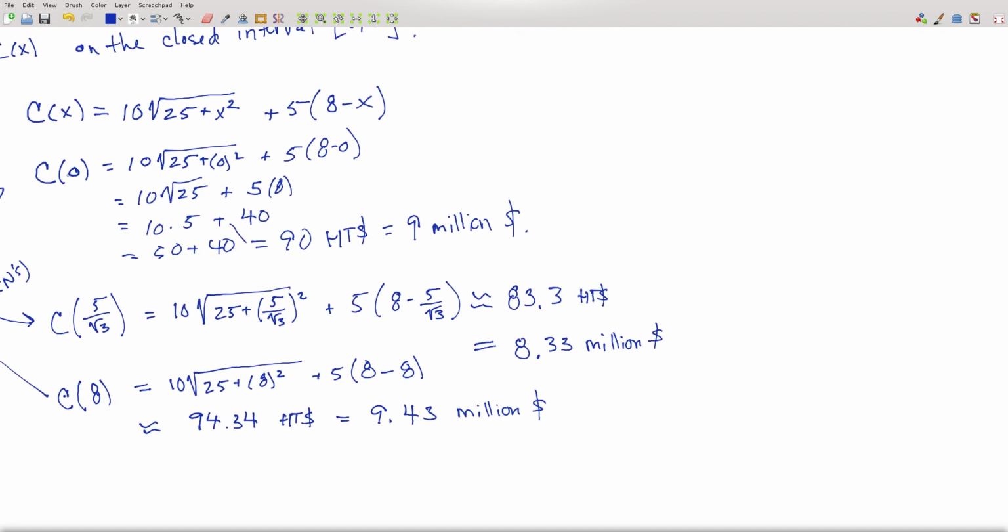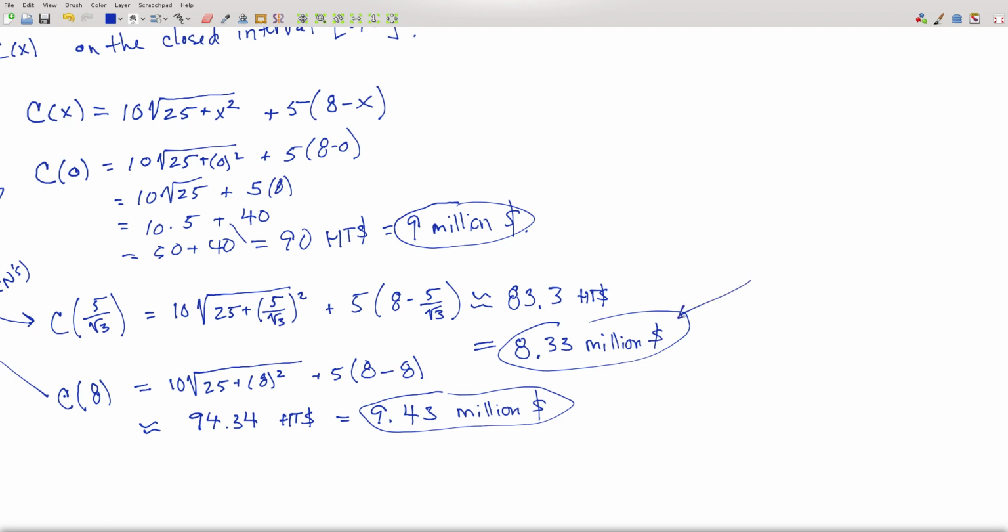If x is 0, the cost will be 9 million. If x is 5 over the square root of 3, the cost will be 8.3 million. So I'm focusing on the millions here. So 9 million versus 8.33 million versus 9.43 million.